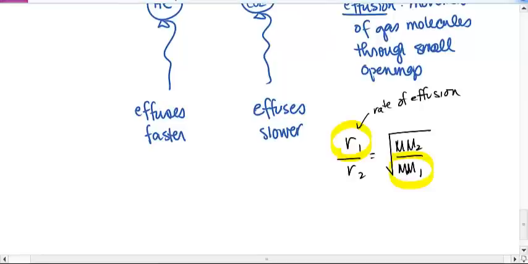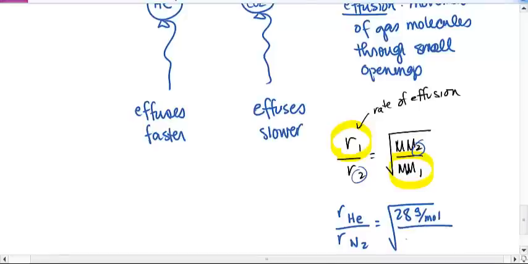So let's just show that with what we have. The rate of effusion of helium over the rate of effusion of nitrogen is equal to, we flip these, notice how they're opposite, the molar mass of nitrogen is 28 grams per mole, and for helium it's 4 grams per mole, which is the square root of 7.